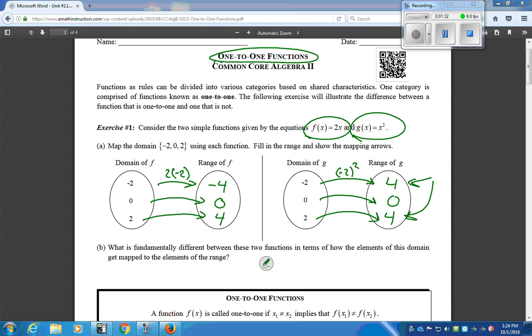So in part B, what's different between these two? In g of x, each input has an output value that is used more than once.